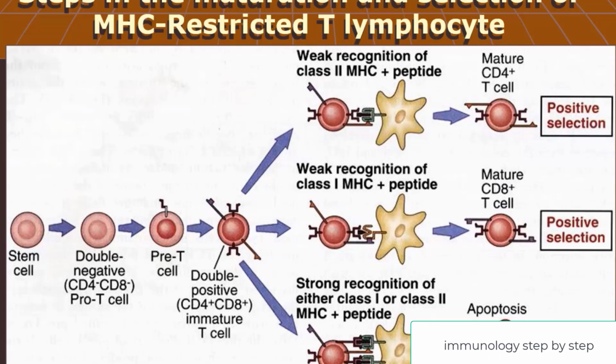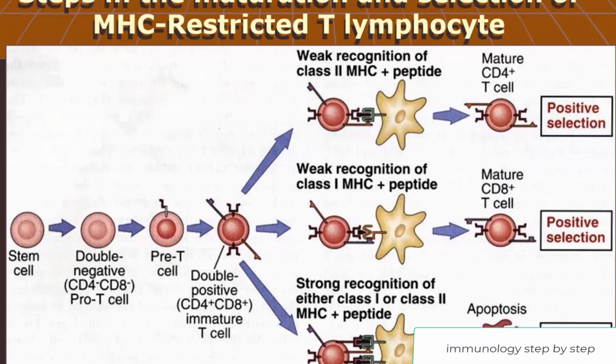MHC restricted T lymphocyte: stem cell double negative, CD4 CD8, pre-T cell double positive CD4 CD8, strong recognition of either class 1 or class 2 major histocompatibility. Apoptosis, negative selection occurs.